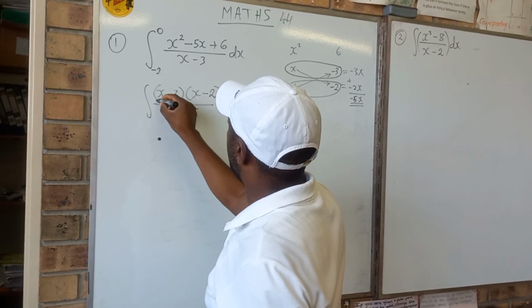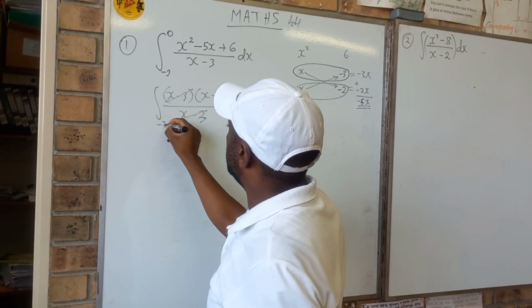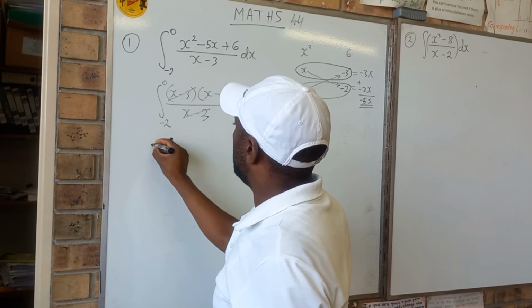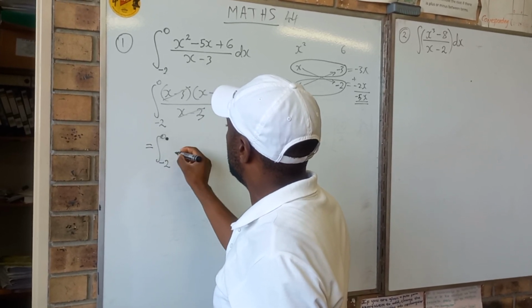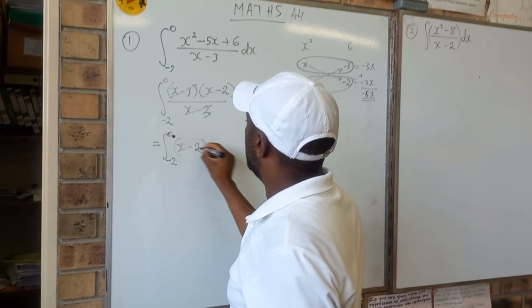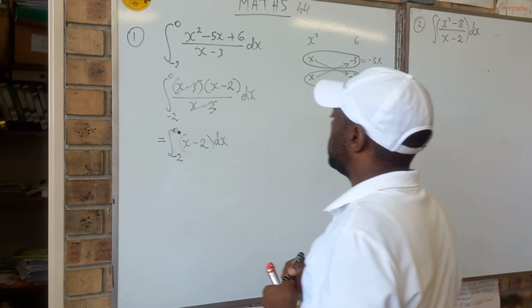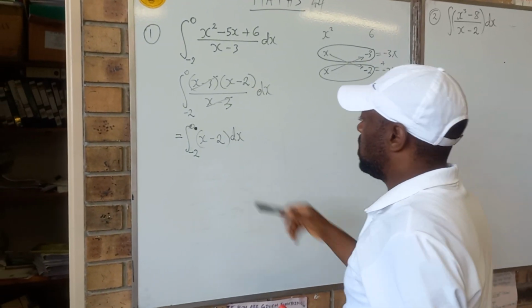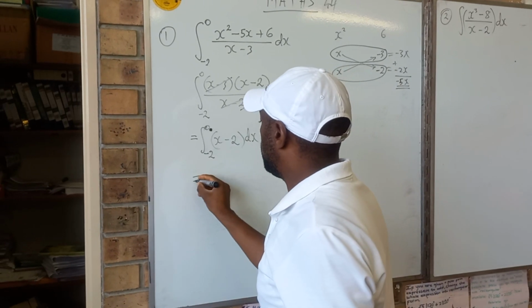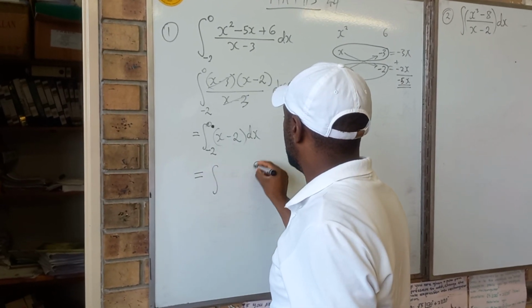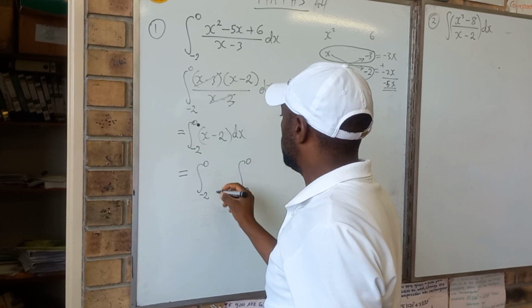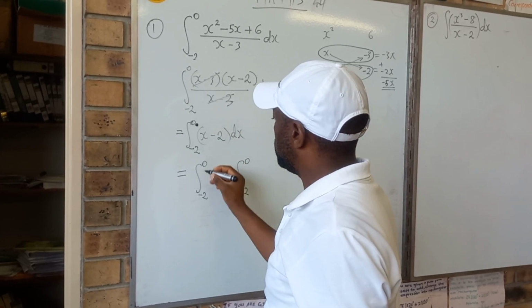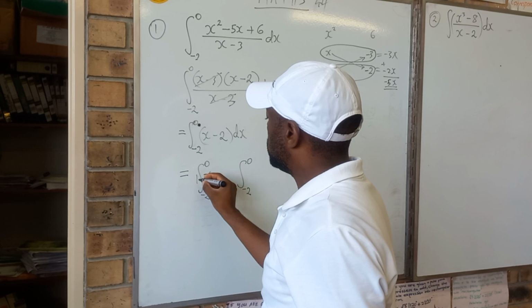So you see this item will eliminate that. From negative 2 to 0, then I'm left with the integral from negative 2 to 0 of x minus 2, which if I now start my integration rules, I see that there are two terms. I put the integral sign twice, from negative 2 to 0, negative 2 to 0, I transfer my terms, the variable inside, constant outside.